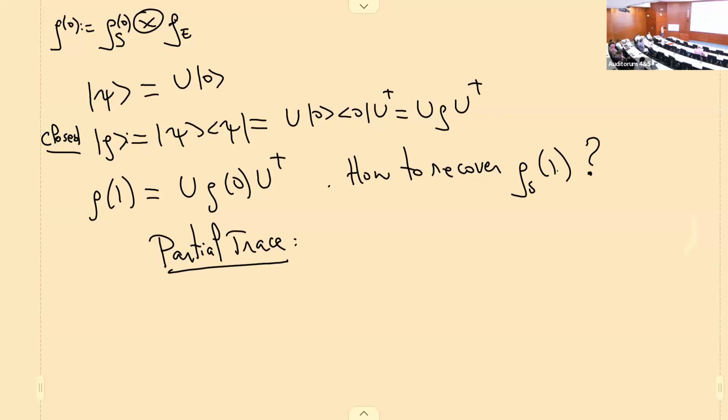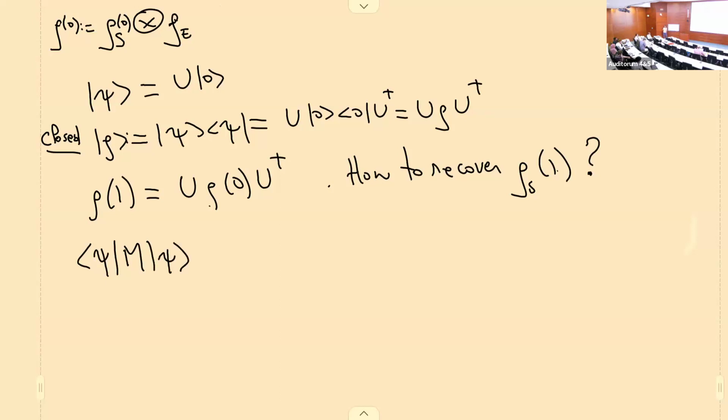Let me think how to write it properly. Before talking about partial trace, if I look at the expectation, I have a measurable, and I know what this means. I have a state psi. This is the expectation of the observable M with respect to the quantum state psi. Of course, this is a real number.